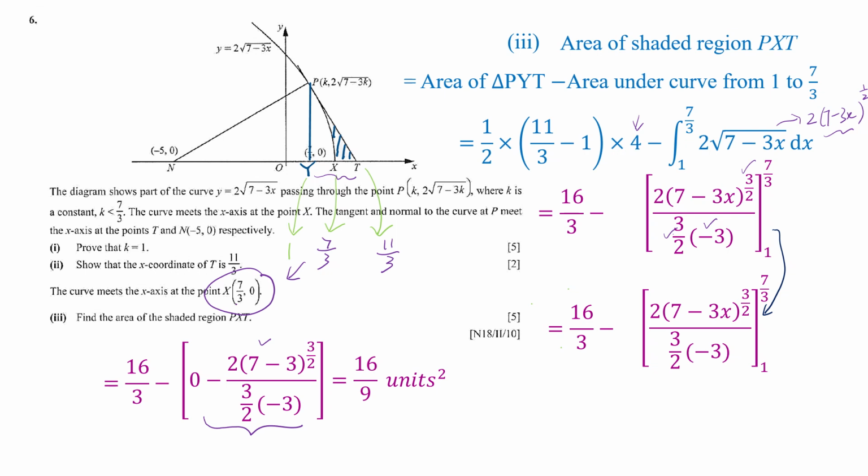So this will be 16/3 minus 32/9, and that will give me 16/9. Therefore, the area of the shaded region is 16/9 units squared.